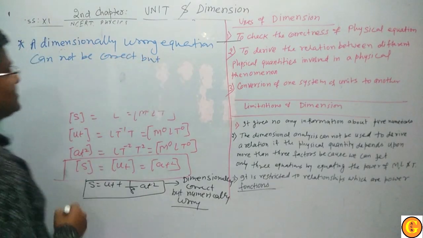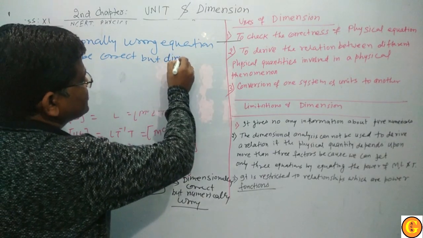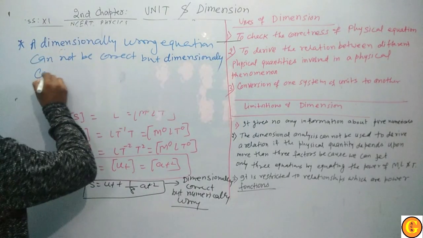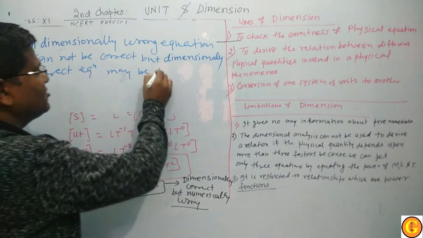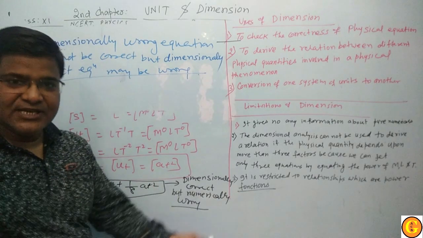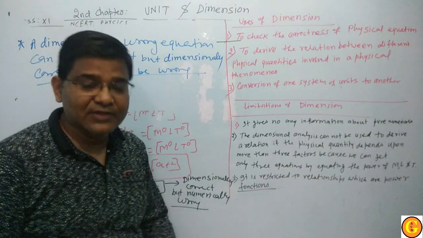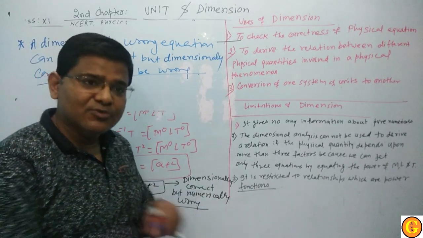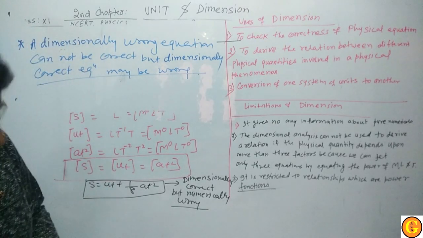But a dimensionally correct equation may be wrong. जो डायमेंशन से चेक करने के बाद अगर वो सही हो जाए तो हो सकता है कि वो गलत हो, लेकिन अगर डायमेंशन से कोई कह दे कि ये गलत है तो वो सही नहीं हो सकता है. This is the best use of dimension.